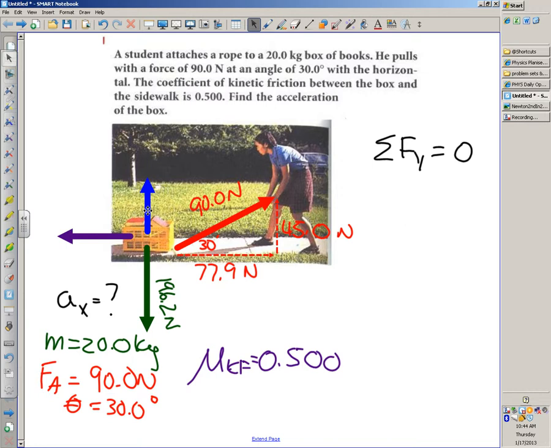What has to be the case when we add them all together? We've got to get to 0. So to find the normal force, the blue one, you're going to subtract this from this, because the total up of the two has to balance out the one downward. Good there?